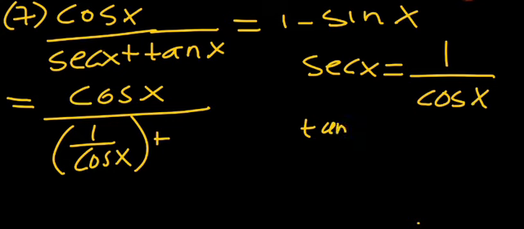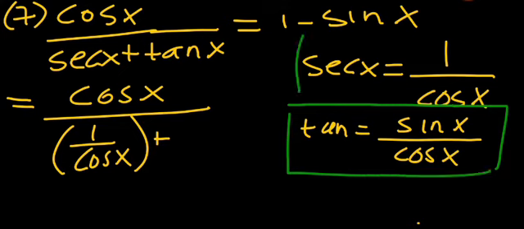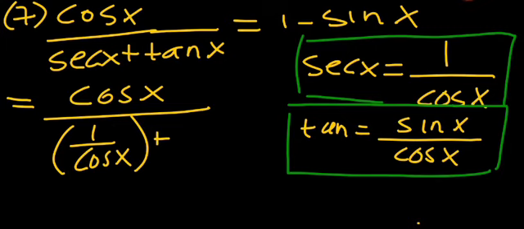So tan x is equal to sin x over cos x. You need to be familiar with these identities. As you can see, they are very useful. This is an identity, and also this one on top.